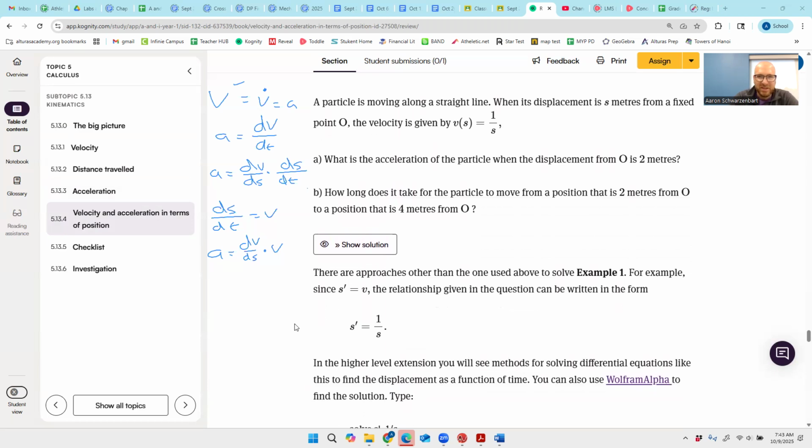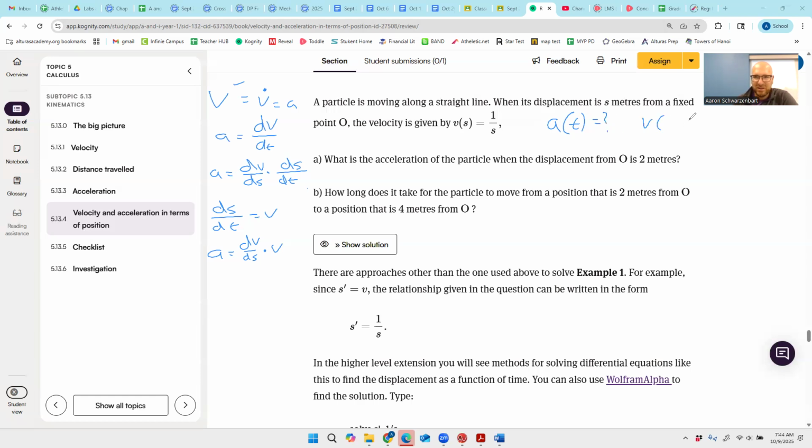So, a particle moving on a straight line with displacement s has a fixed velocity, v of s equals 1 over s. What is the acceleration when the particle's displacement from O is 2 meters? So, I want a of t. So here I have v of s.